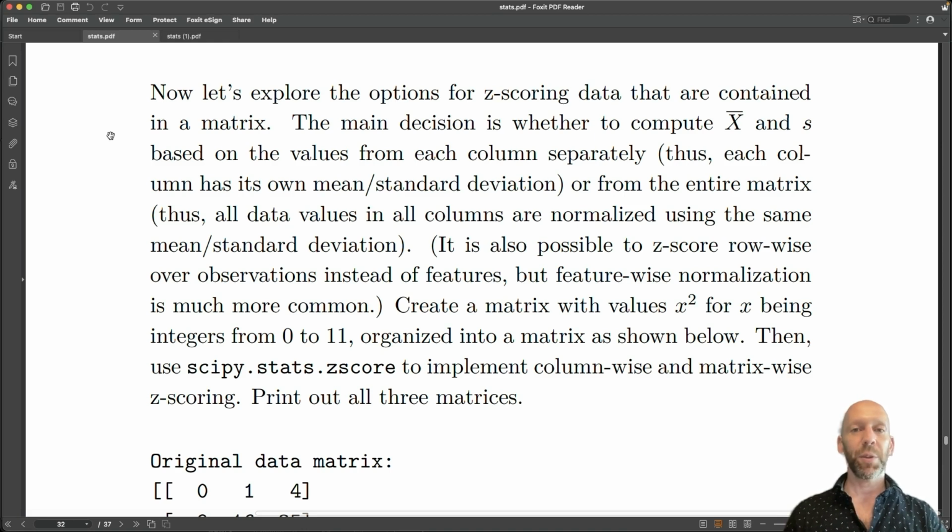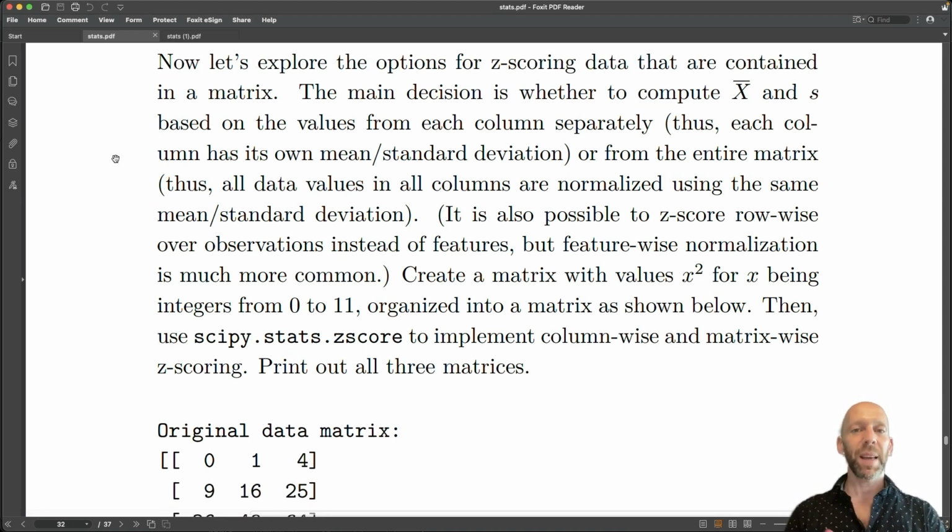You can apply the Z transform to each row independently, or you can apply the transformation to the entire matrix. So instead of thinking about the matrix in terms of a set of columns or a set of rows, you would just compute the average of all the elements in the matrix, the standard deviation of all the elements in the matrix, and then z-score all the elements in the matrix together, not according to each individual column or row.